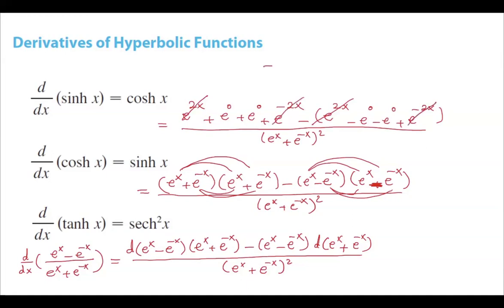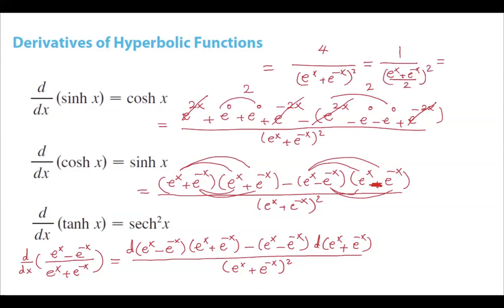So you're left with a 2 here, and another 2 here. So 2 plus 2 is 4, divided by e to the x plus e to the power minus x, to the second power. But this can be written as 1 over e to the x plus e to the power minus x divided by 2, to the second power.